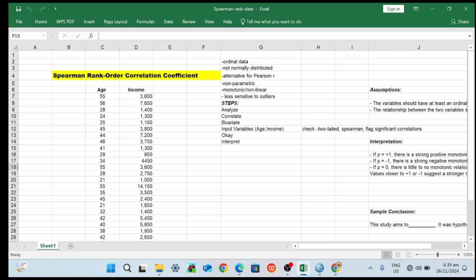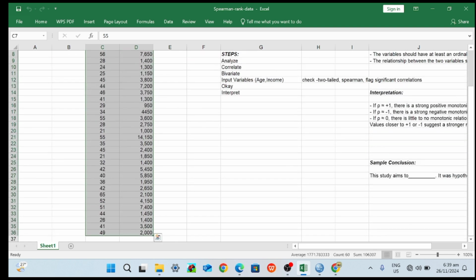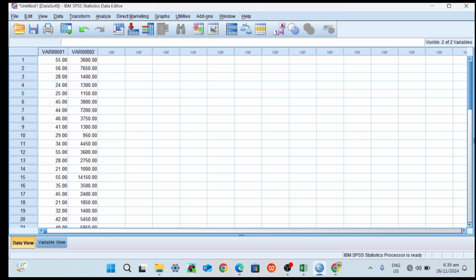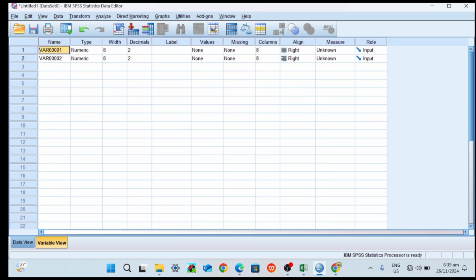So first, let's try to run this given data in SPSS. This is the age and then the income.